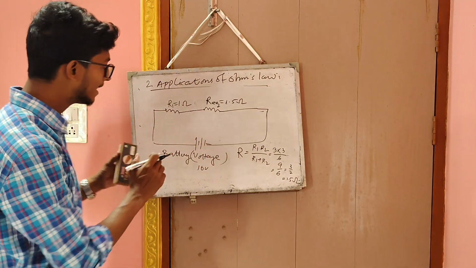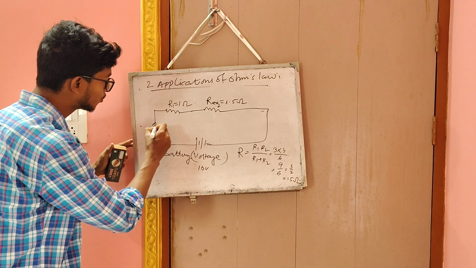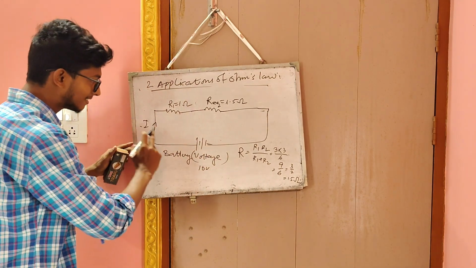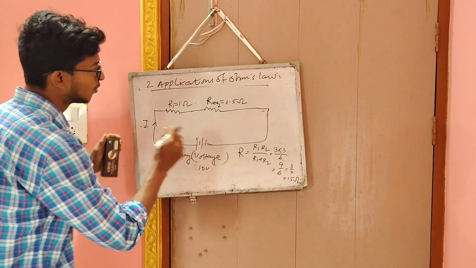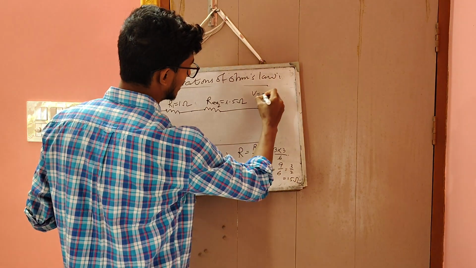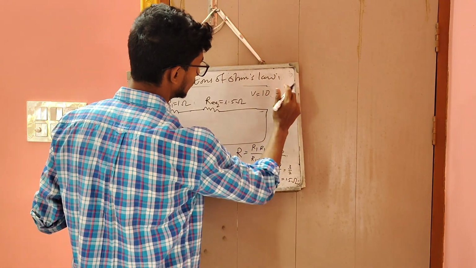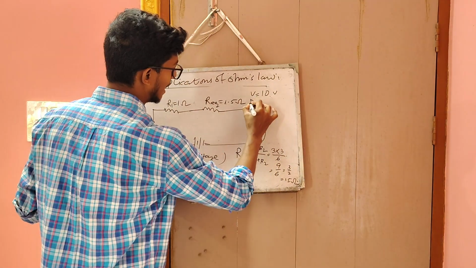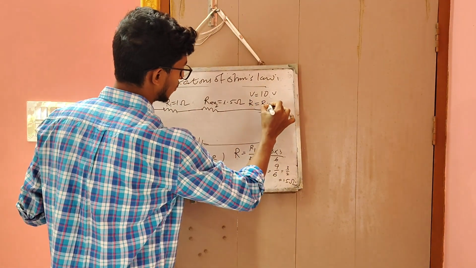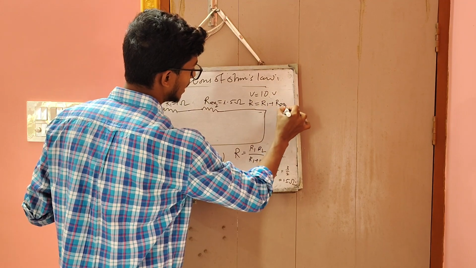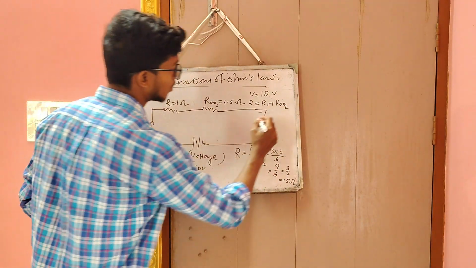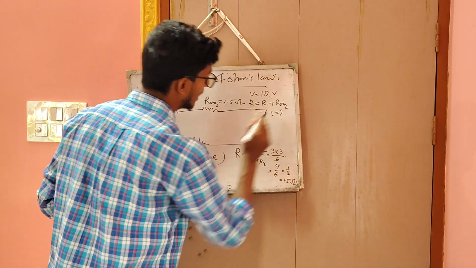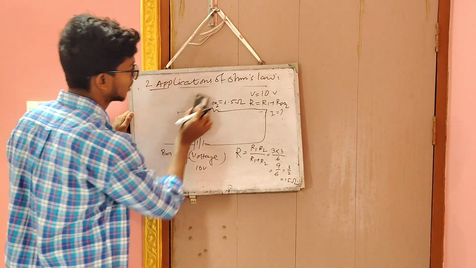So now we find the amount of current flow through this circuit. The voltage is 10 volt, and resistance R is equal to R1 plus R equivalent.